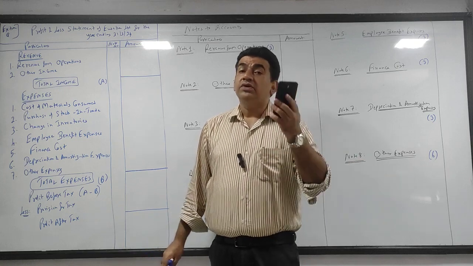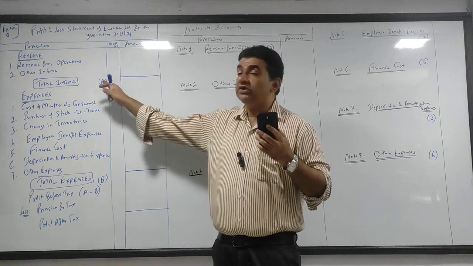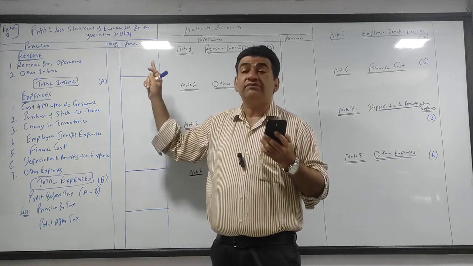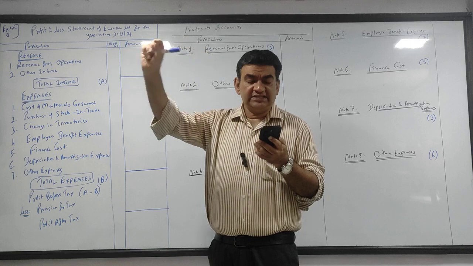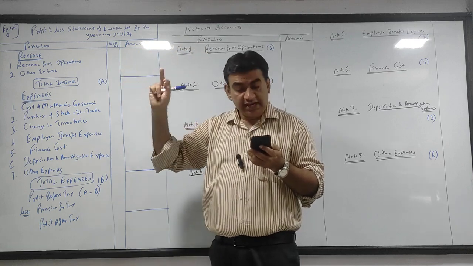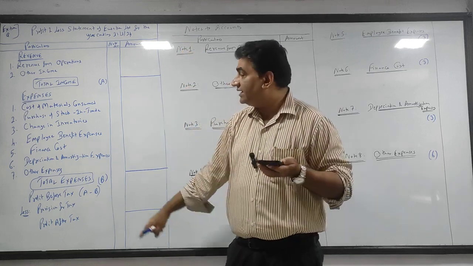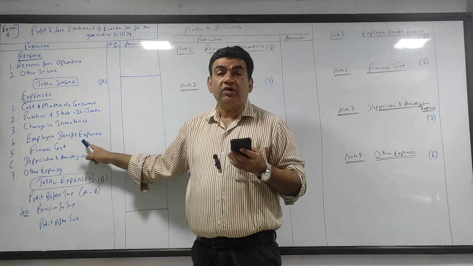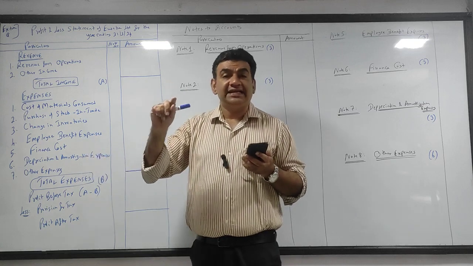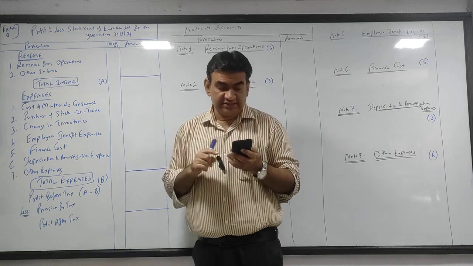Both will be a part of income, but it will go in other income. It is not your revenue from operations. So interest received, dividend received, other income, you can write there OI. Okay. Then salary, wages. What I told you, wages, salary will be a part of employee benefit expense. You can write EE, employee benefit expense. So salary, wages, dono employee benefit expenses.